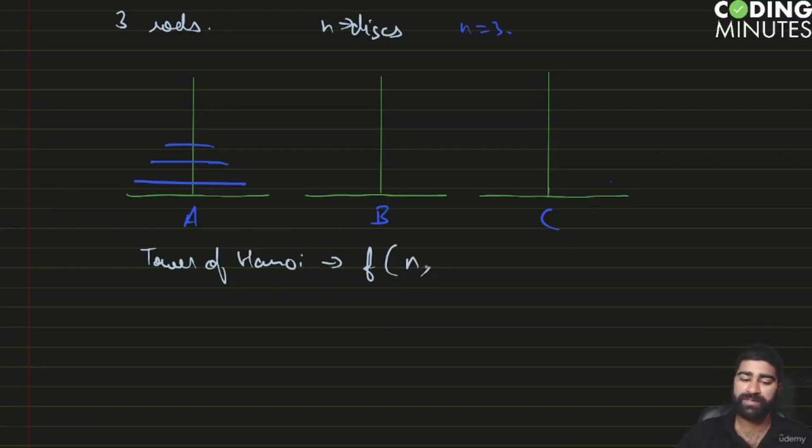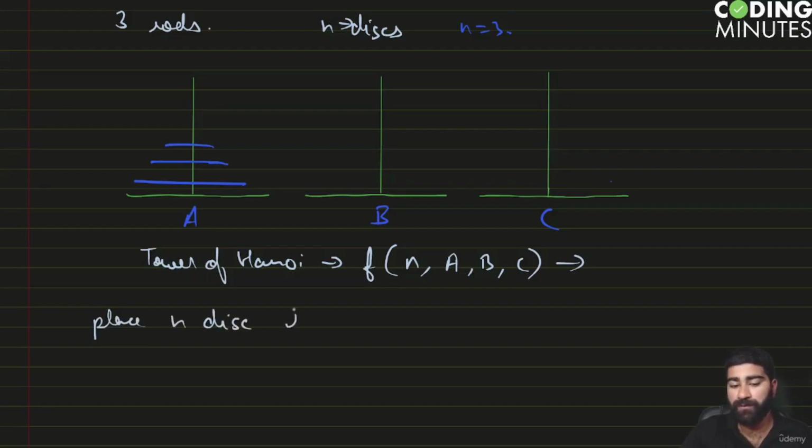Tower of Hanoi, which is F of A, B, C, what does this represent? It represents: place n disks from A to C using B.